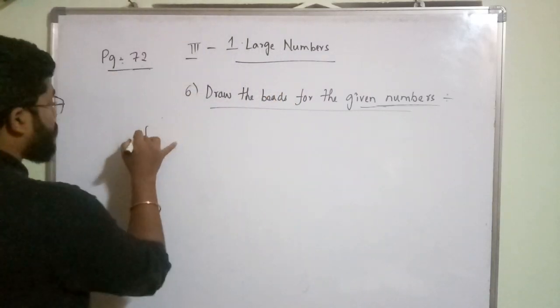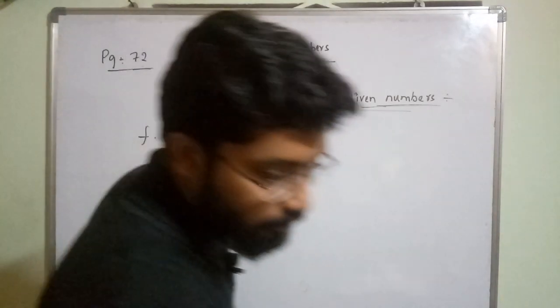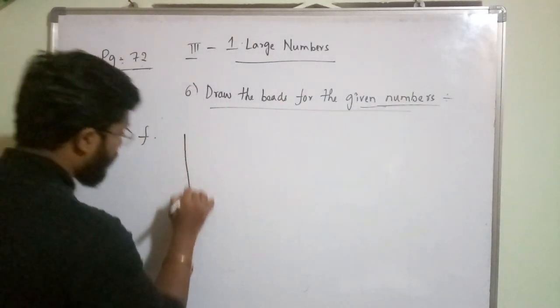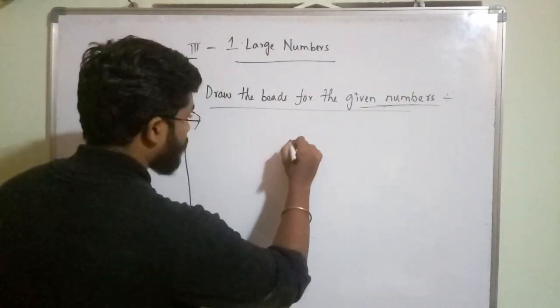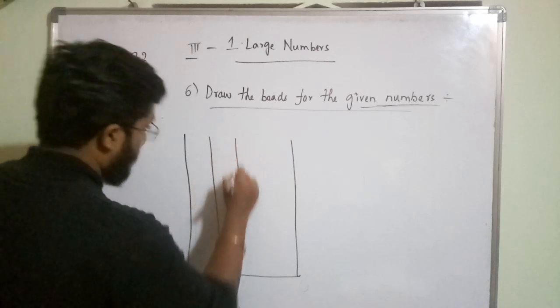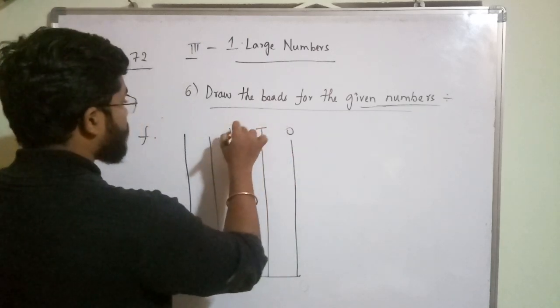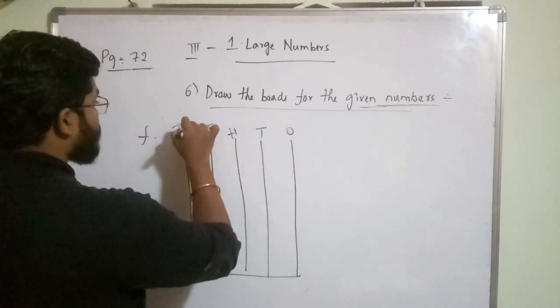Next F. Okay. F. What is there? He has given an abacus like this. How many rods are there? 1, 2, 3, 4, 5. 5 rods are there. Ones, tens, hundreds, thousands, 10,000s.